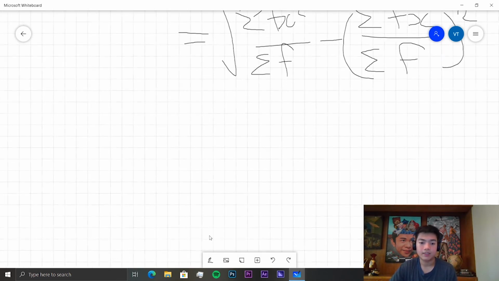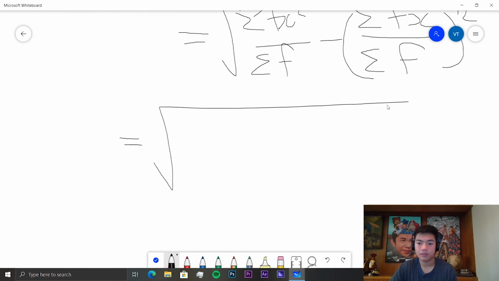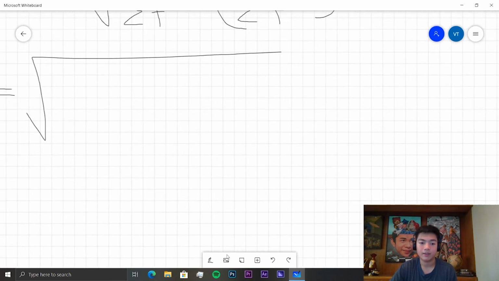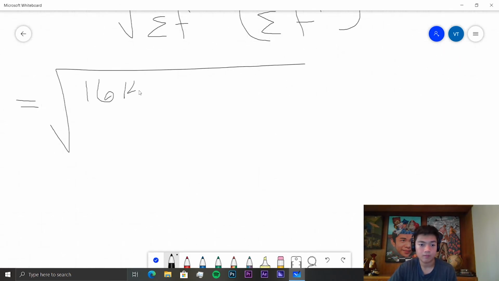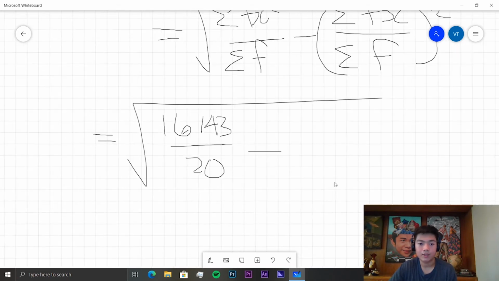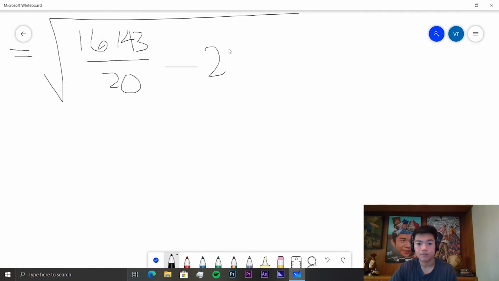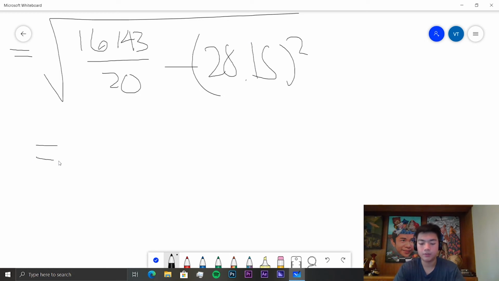So in our case, this is equal to the square root of 16143 divided by 20 minus the mean squared, so 28.15 squared. So this is equal to 16143 over 20, which is 807.15, minus 28.15 squared.